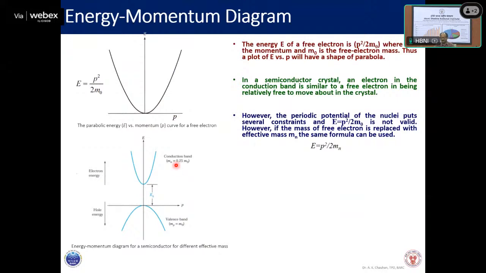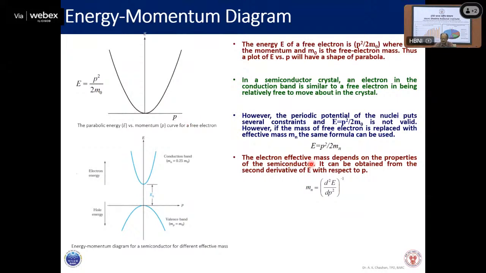However, inside those periods where the energy is not allowed, we can still say the formula E equals p square upon 2m is valid, but the mass has become infinite. So if the mass becomes infinite, then of course we can assume that this curve is always valid.